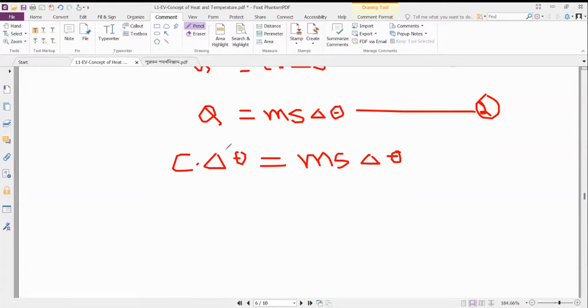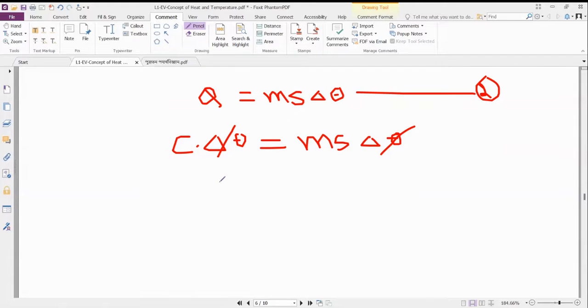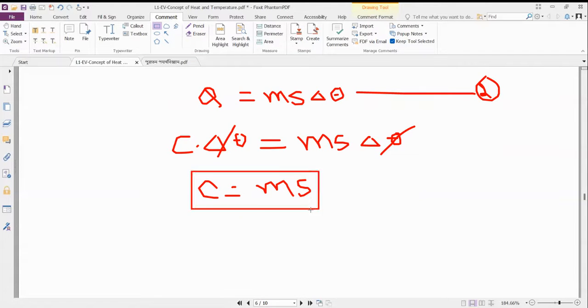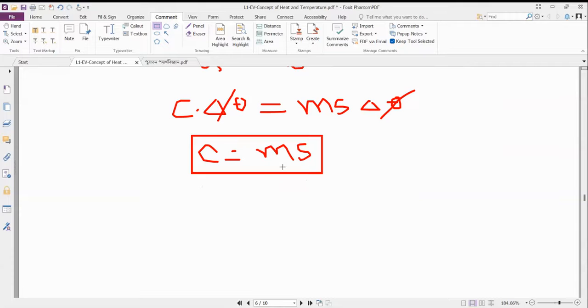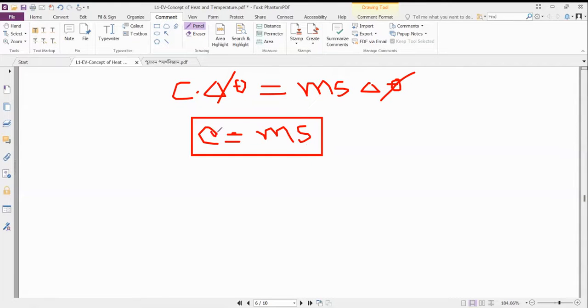By cancelling out del theta from both sides, we can write C equals m s. This is the relationship between heat capacity and the specific heat. Only by multiplying the specific heat by m can we have the capacity.